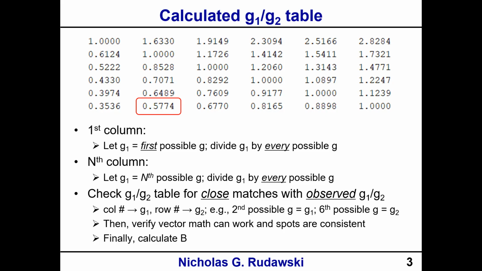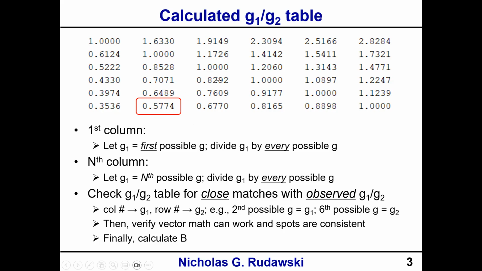Since we're in the second column and the 6th row, this tells us that G1 corresponds to the second G vector in the G vector list, and G2 corresponds to the 6th G vector in the list.